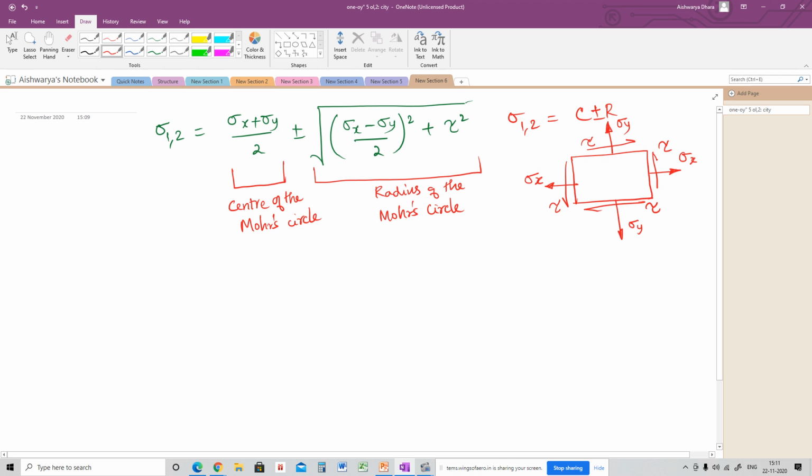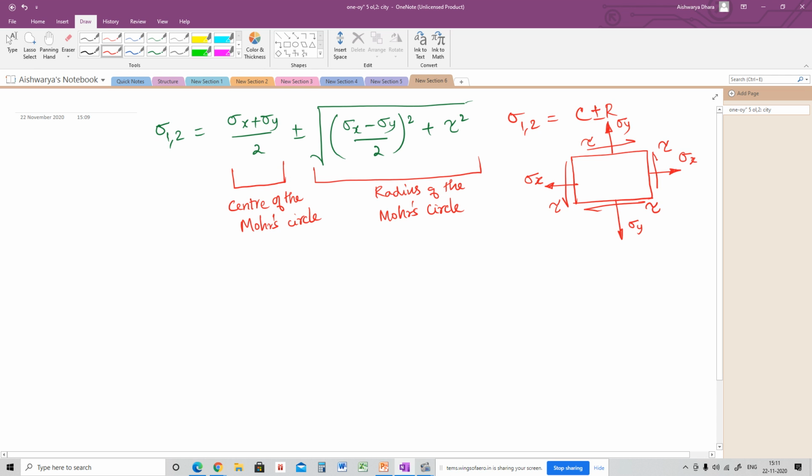Either they can give you values for sigma x, sigma y and tau and ask you to find the center of the Mohr circle, or they might also represent that in a graphical way. They will give you many options, and you have to pick the one where the center location is correct.